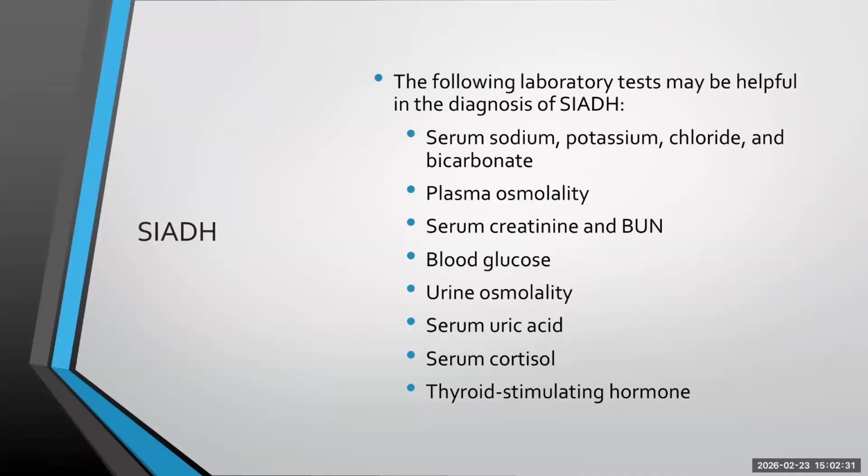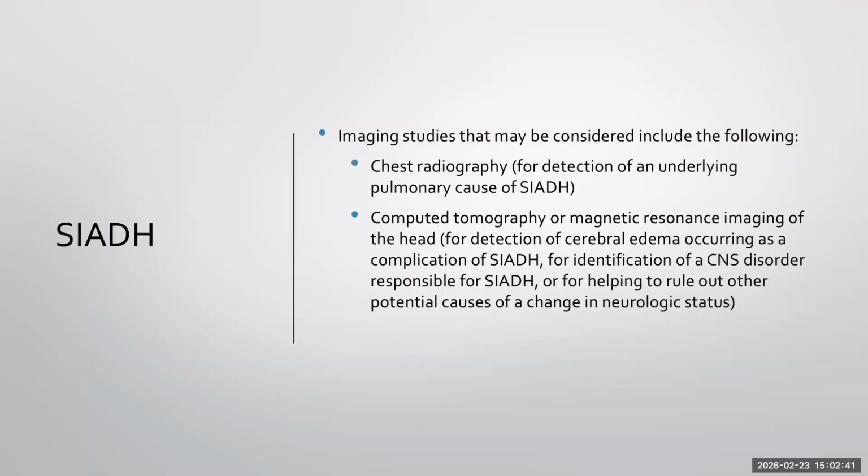Other tests you can do, again, you're just looking at volume status, electrolyte status, kidney status, and so forth. Imaging study, chest radiography to see if there's a pulmonary cause. When we talk about the adrenals and Cushing's, we're going to talk about these pulmonary cancers that can cause problems with those diseases as well.